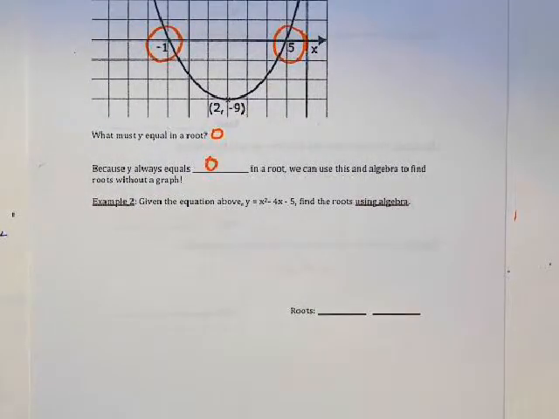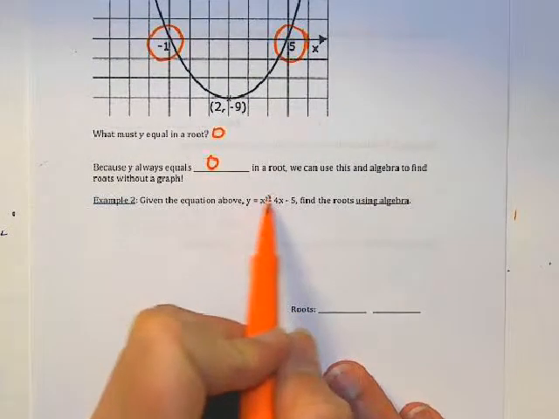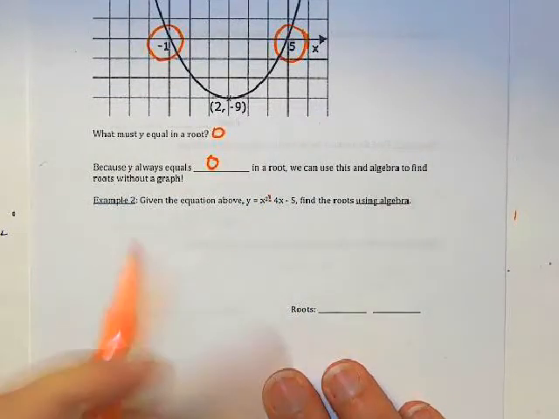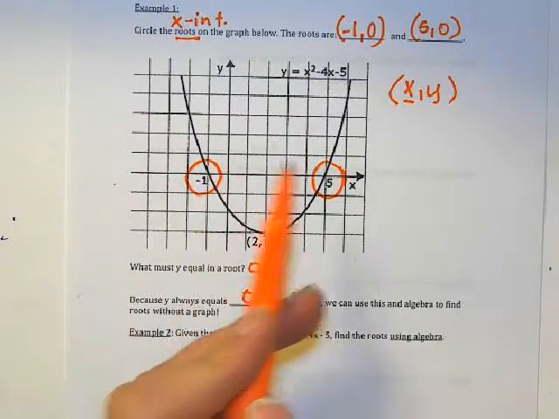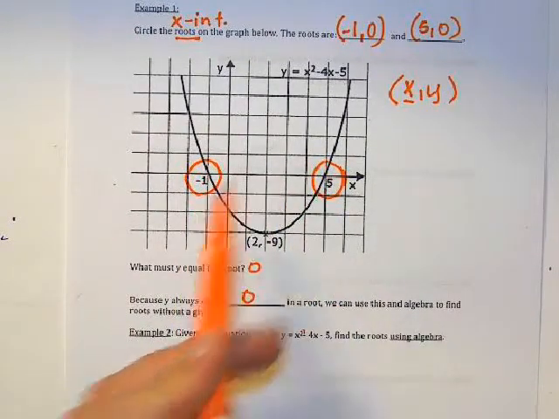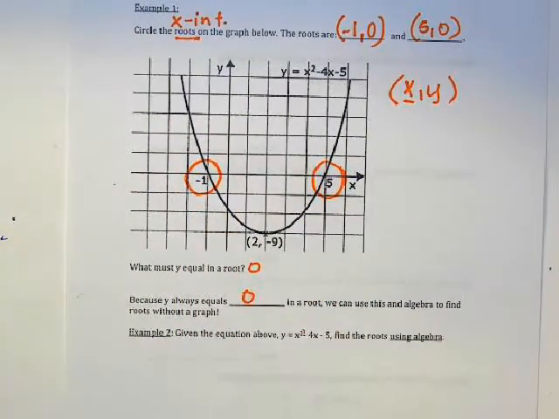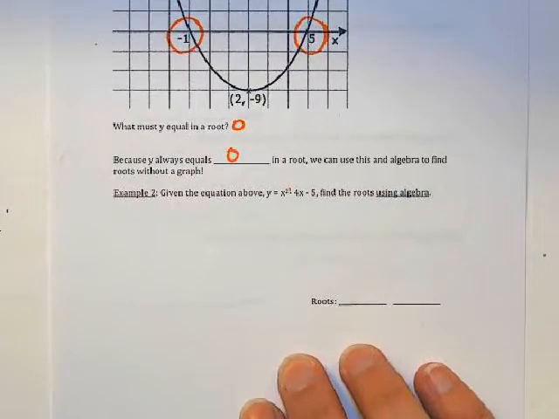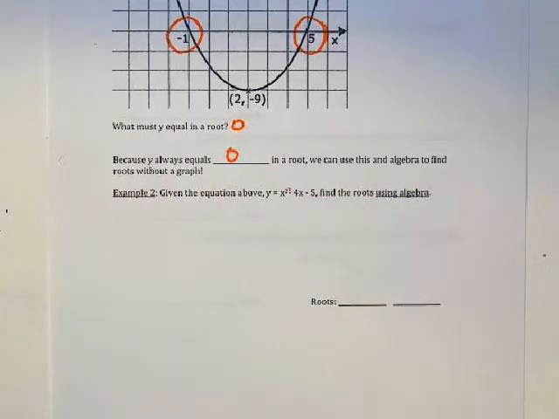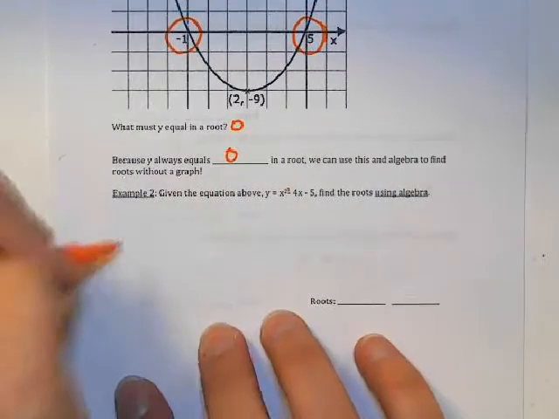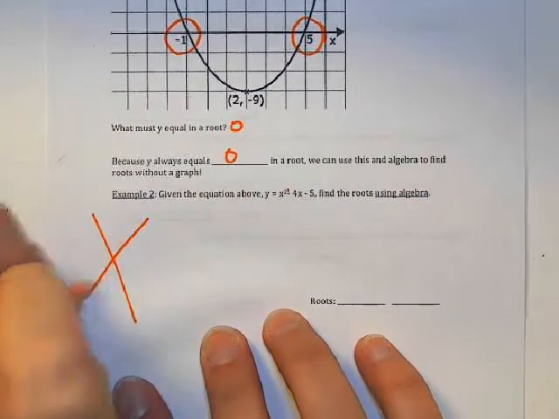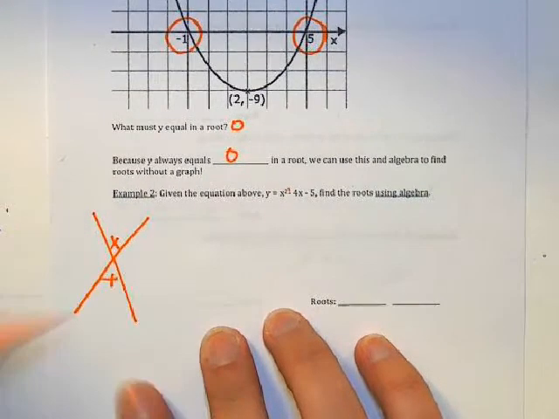Well, if you have a U-shaped graph, how many x's do you have? 2. So what I'm trying to do is break down this equation and find both of those x's. In order to do that, we're going to x factor. So multiply and add.